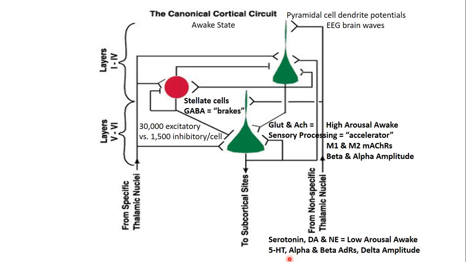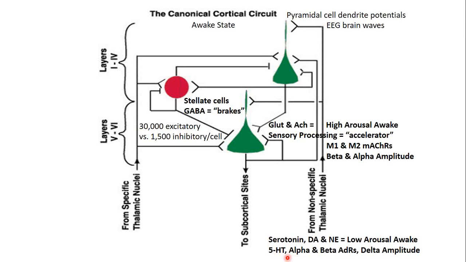So basically, it's the 5-hydroxytryptamine receptors, just like here we had M1 and M2 muscarinic acetylcholine receptors, that's organizing the beta and alpha amplitudes, the delta amplitudes, and we can include theta among them because they're the slower waves, but much less is known about theta, and theta is a little more complicated, and the story about theta isn't as consistent as it is for delta. So we're going to stick with delta for now.